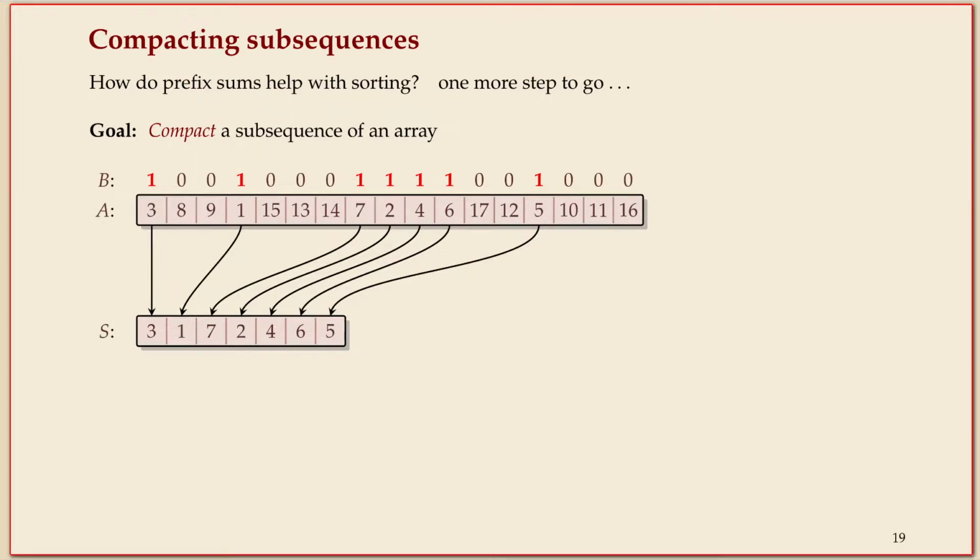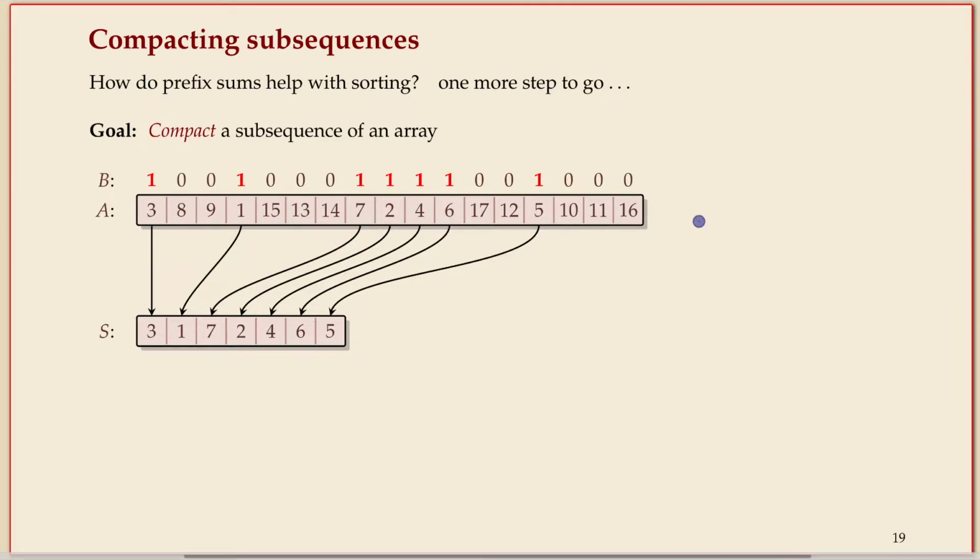I have one last ingredient for this building block section, and that's this problem, which again sounds maybe a bit esoteric at first, but this will literally be used in the sorting part then. Suppose we have an array of numbers.